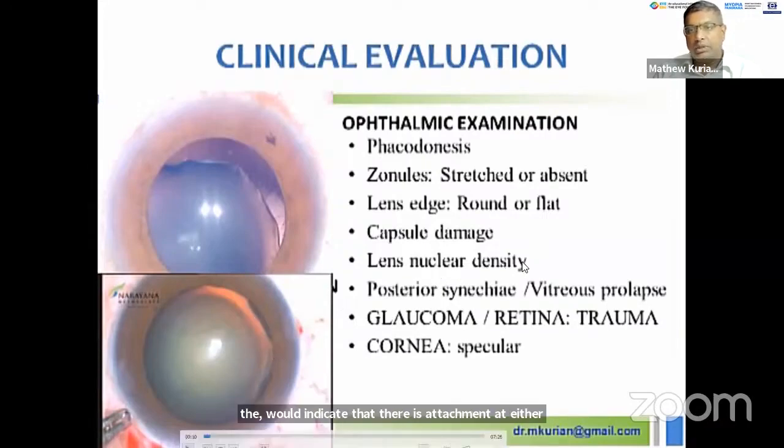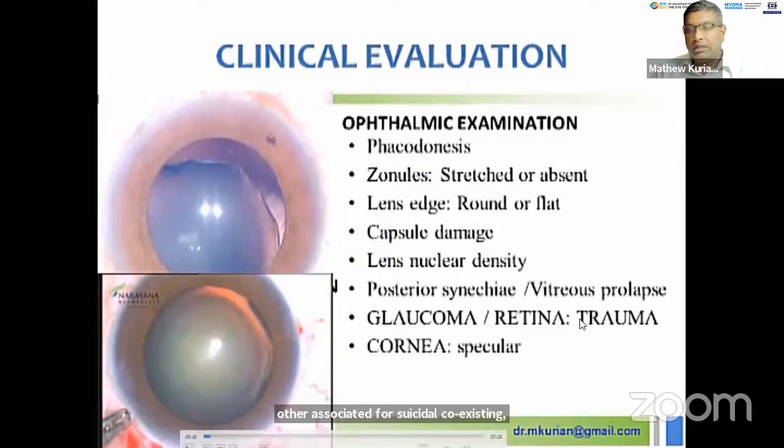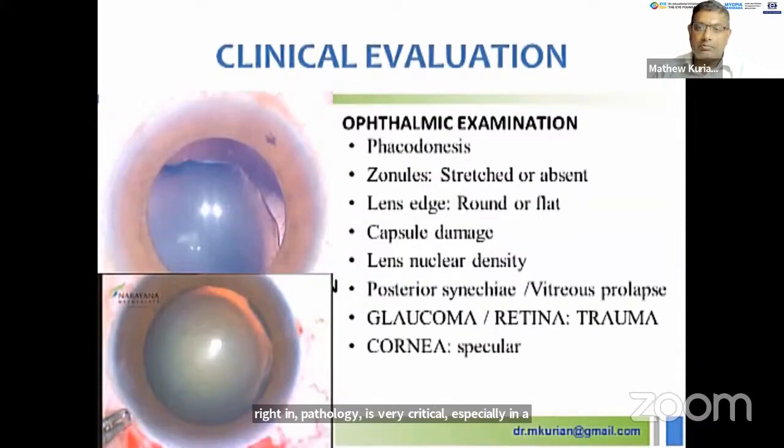We need to assess whether there is additional capsular damage, the density of the nucleus itself, and whether there is any associated posterior synechiae, vitreous prolapse, etc. Coexisting glaucoma and retinal pathology are very critical, especially in a myopic situation where there could be peripheral retinal changes, which, if missed, could lead to a retinal detachment.